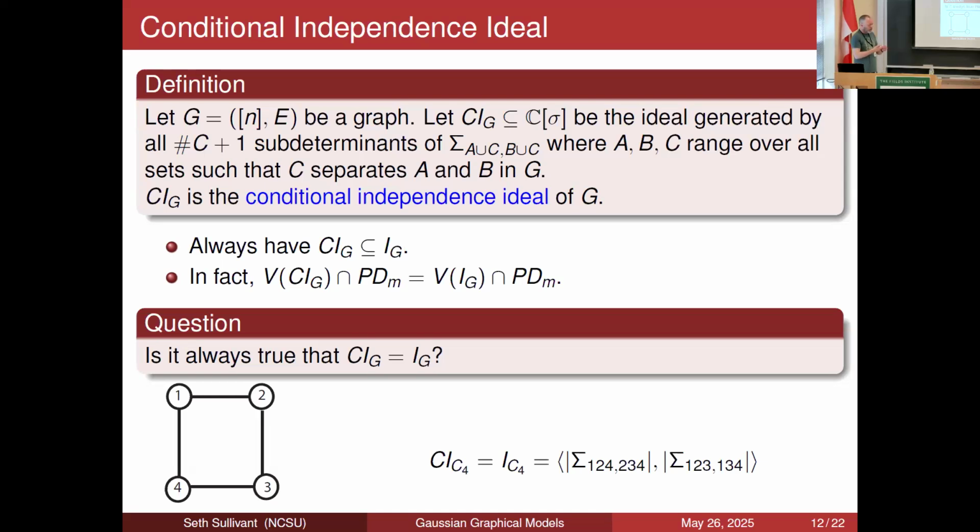And those equations vanish on all of these covariance matrices that are in this L_G inverse. So those equations belong to the vanishing ideal. And actually, they're a really good set of the vanishing ideal because on the positive definite cone, the variety that the conditional independence ideal gives is actually the same as the variety of the vanishing ideal.